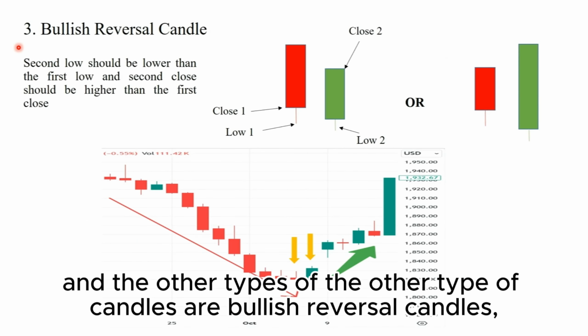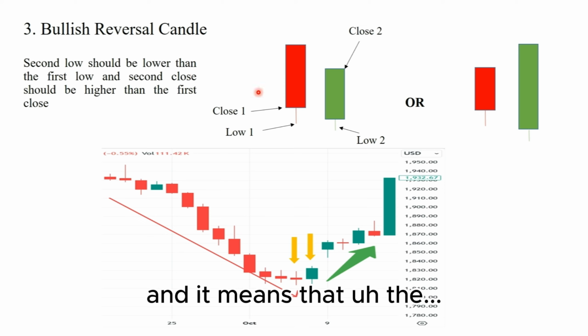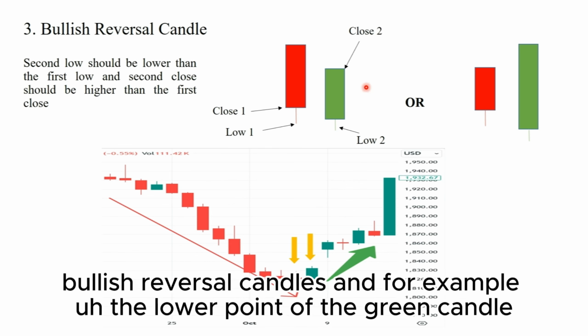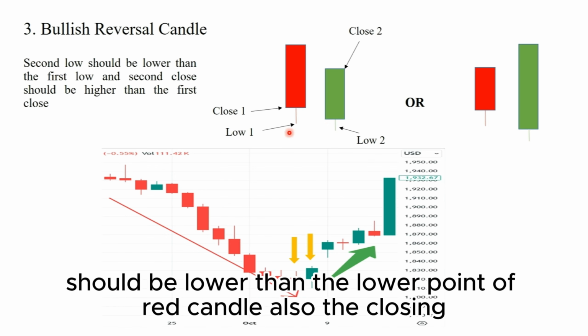And the other type of candles are bullish reversal candles, and it means that the downtrend is going to change to an uptrend. There are some conditions for bullish reversal candles. For example, the lower point of the green candle should be lower than the lower point of the red candle.